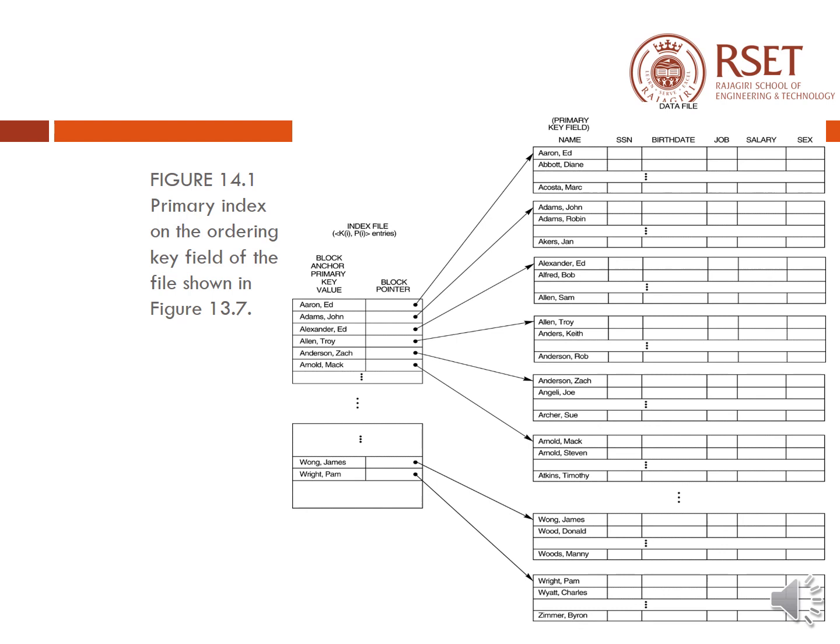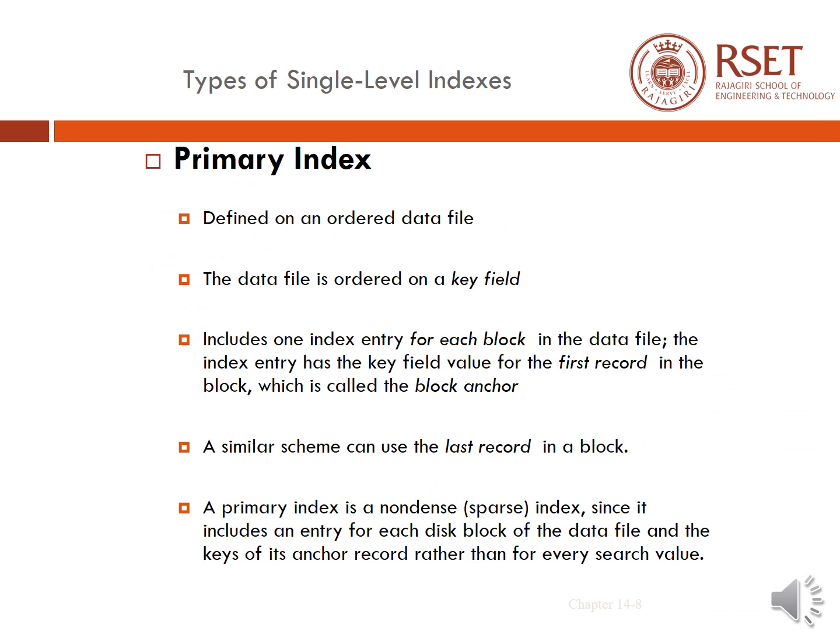For each block we have a fixed size of 4, and an anchor will be pointing to the first line of each block. We will see the definition once more. A primary index is normally defined on an ordered file, ordered on a key field. It includes one index entry for each block of the data file.